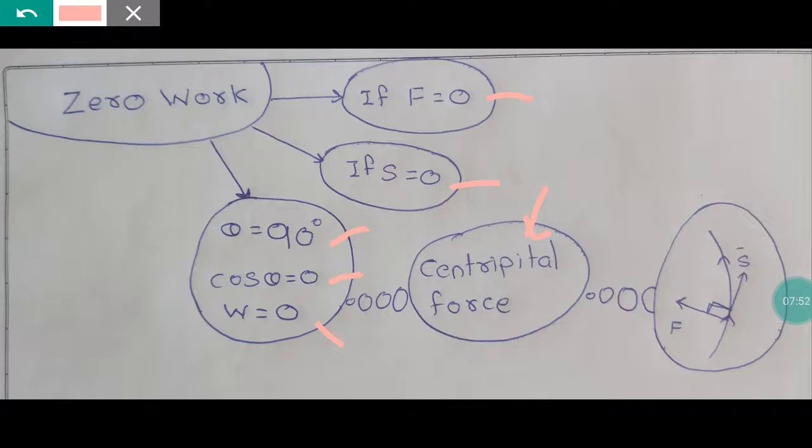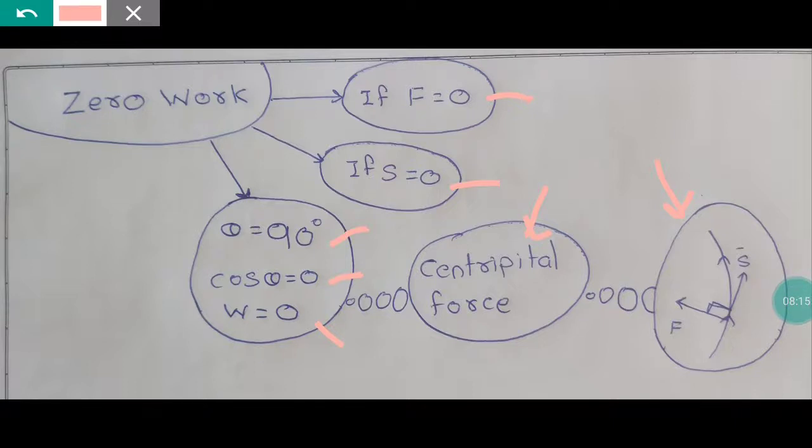Right? You can see in the last balloon, I have given an example of circular motion where the immediate displacement, or you can say the instantaneous displacement of the body, is shown. The force acting on this body is centripetal force because it is moving in circular motion. The angle between force and displacement here is 90 degrees.